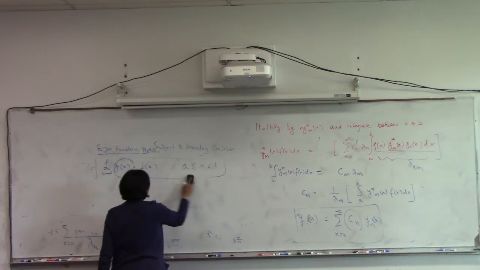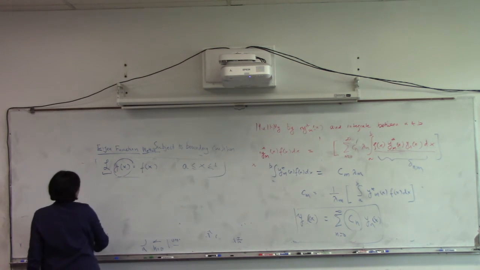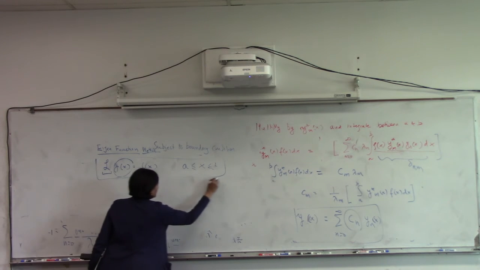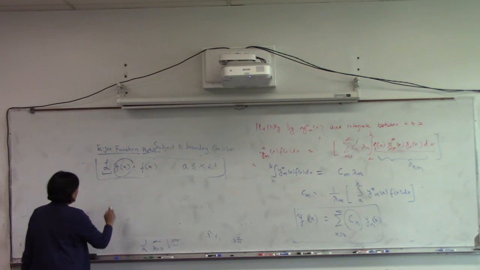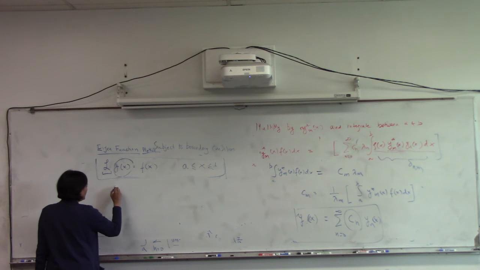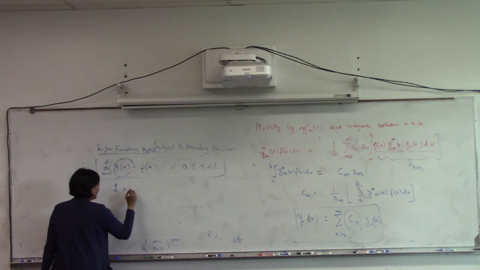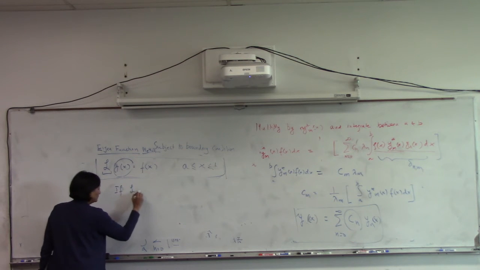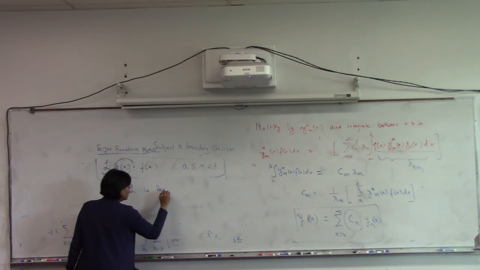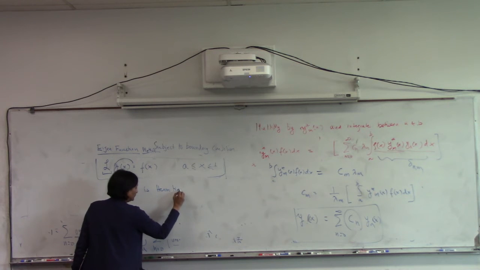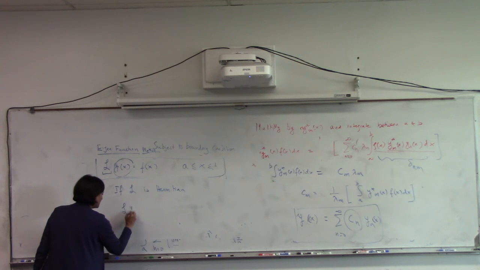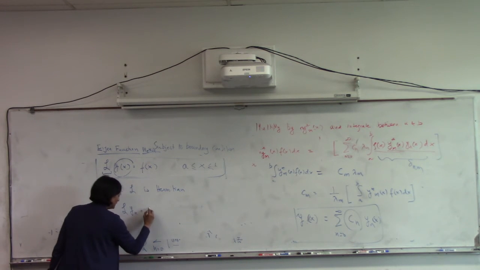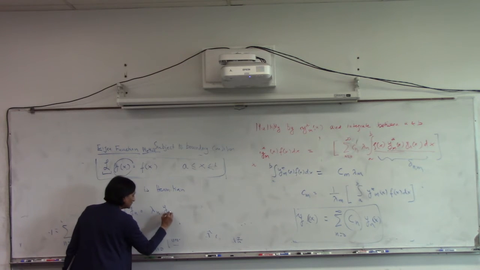The rest is detailed, but this is what. So this is our goal, and what we said was, if L is Hermitian, then I can write an eigenvalue equation corresponding to that.